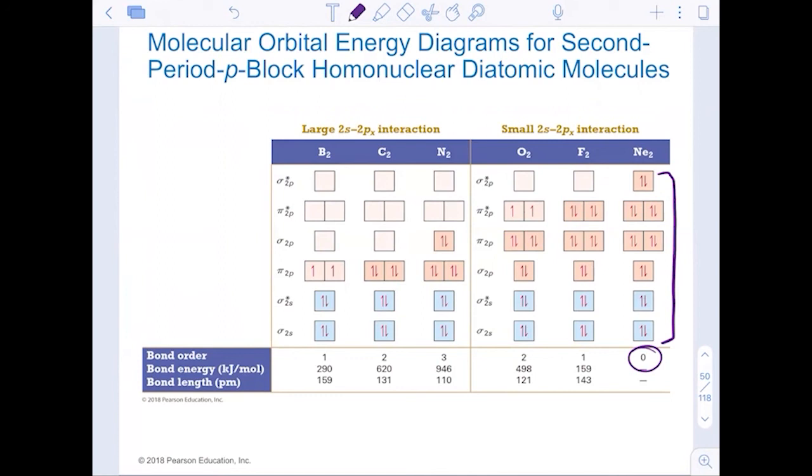And so MO theory is a much better way to organize our thoughts of looking at the expectations, does the molecule exist or not, and what does the molecule actually look like in three-dimensional space? How does the shape occur?